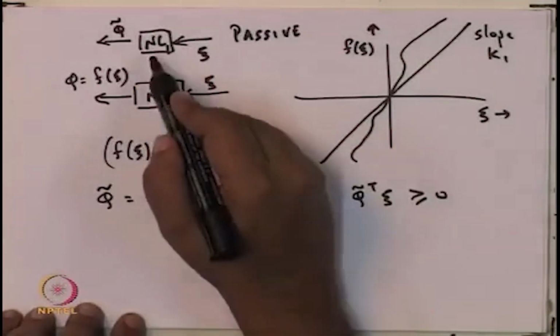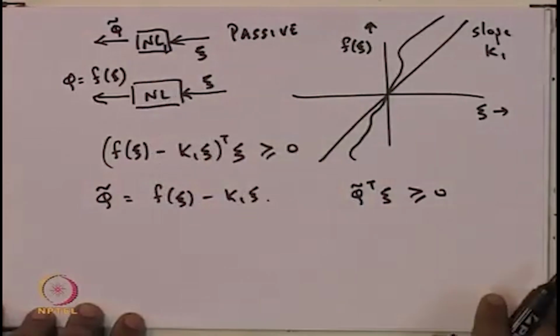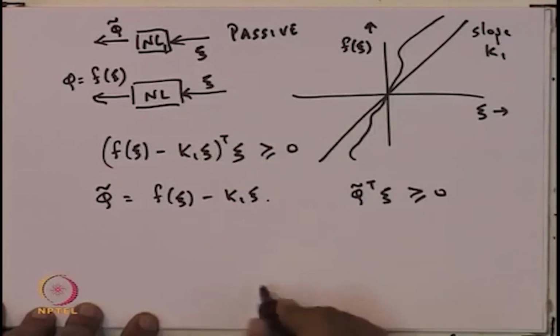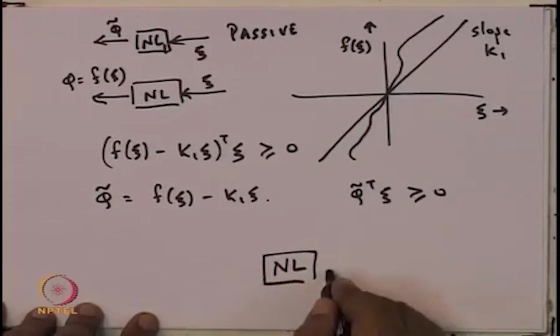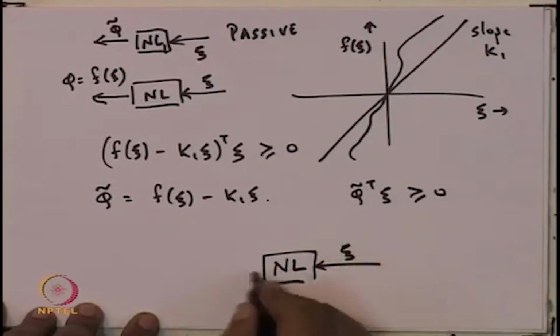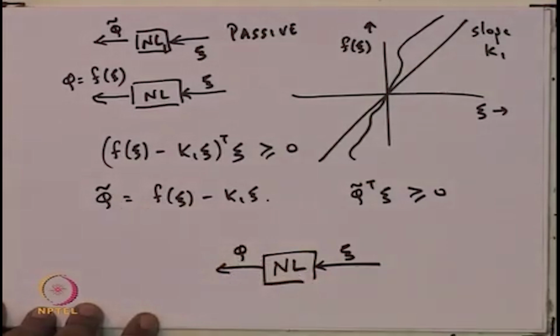Now, how does one obtain NL1 from NL? Well, one way is the following. You have the original nonlinearity and it has the input psi, and it will give the output, which let me now call phi.